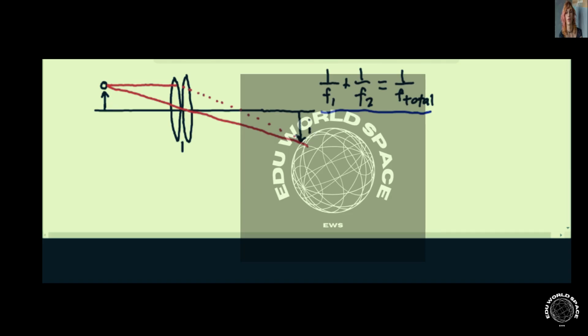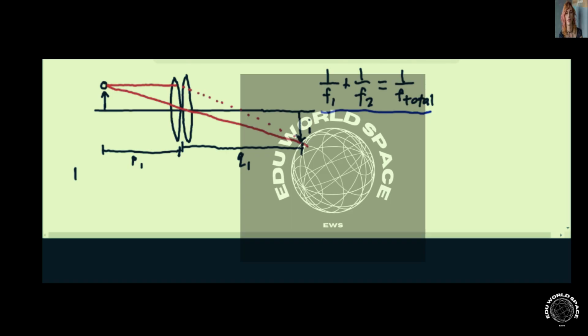We would also have that the distance to the image is Q1 and to the object is P1.